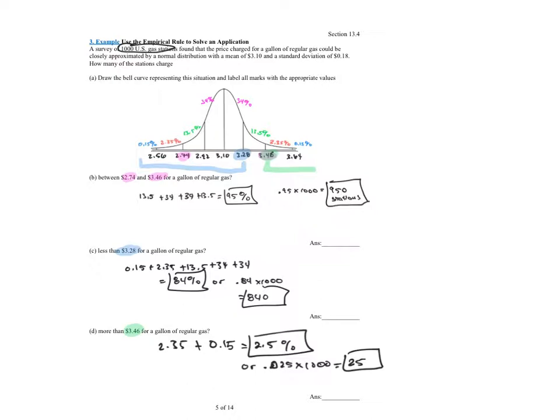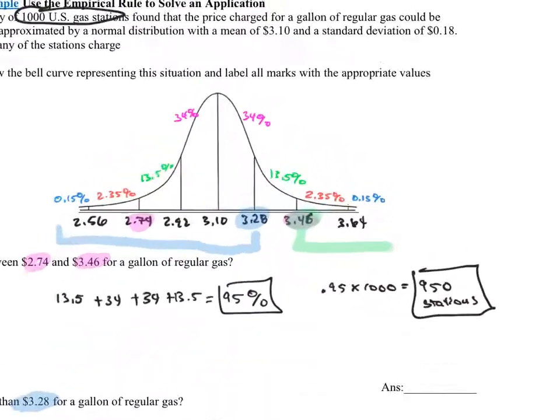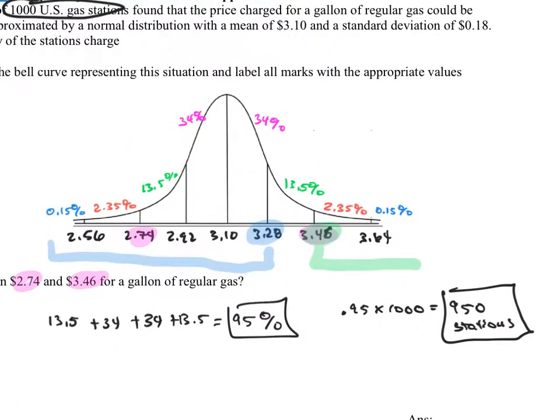So it depends if they're saying the 1,000 is a sample or the population. If it's the sample, you use the quantity. If it's the population, you use the percentage. Okay, so I hope that helps. It always starts with that bell curve. Start with marking the mean, add and subtract the standard deviation to get the other tick marks, and then you always have those percentages between each of those tick marks as long as it's normally distributed.